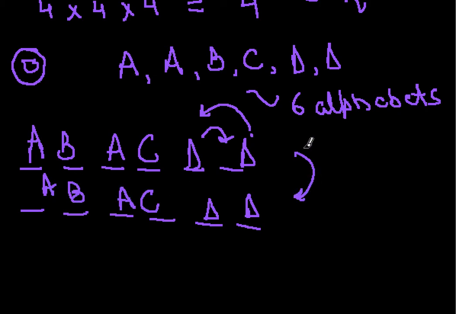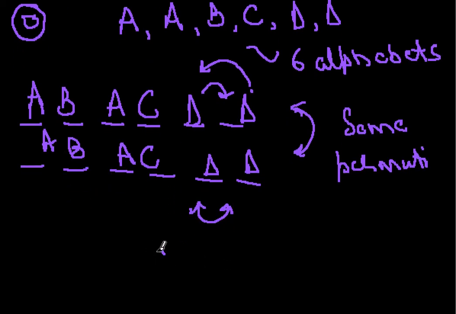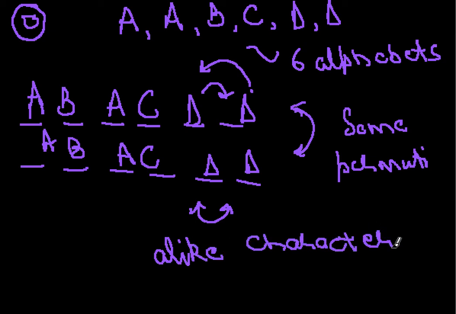Note that these two are the same permutation. Why? Because this particular D and this particular D are no different; they are exactly the same. So we have alike characters here, which will affect the number of permutations possible given these alphabets.